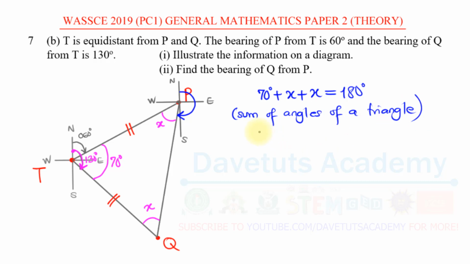Okay, meaning that 2x is equal to 180 minus 70, and 180 minus 70 is 110 degrees, such that x will be 110 degrees over 2, and that will be 55 degrees. Okay, now x being 55 degrees is clear, but we are looking at the whole angle from north to this particular point where x is starting. You can choose to use a whole lot of means to get it, but this is what I'm going to do.